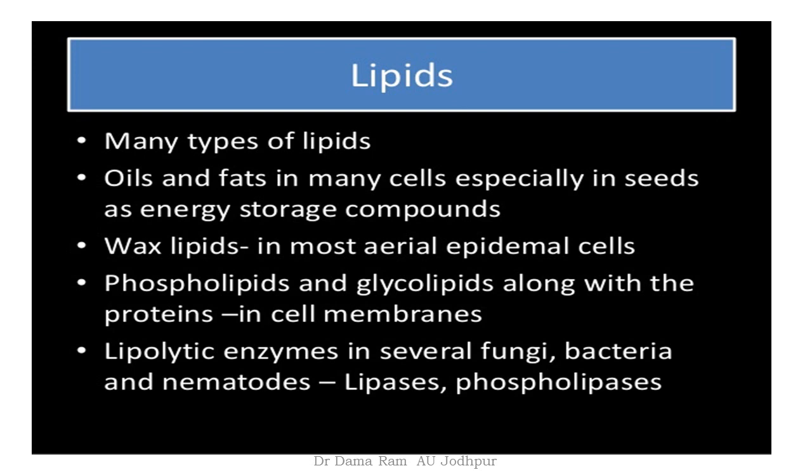We already discussed it is the first layer of the plant surface. And phospholipids and glycolipids along with proteins are in the cell membrane. After decaying of the cell wall, the next membrane is the cell membrane, and then the pathogen enters into the cells.